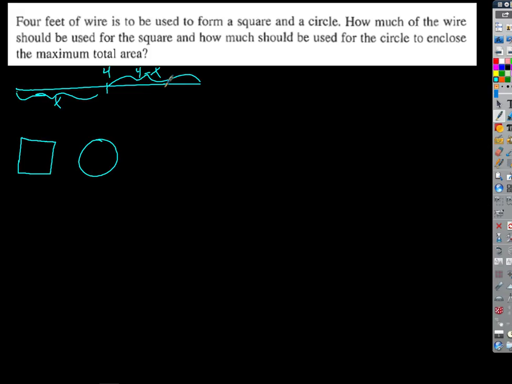If x is for the circle, then we got to come up with the area of the circle that has a perimeter of x. Right? So what's the definition of the circumference of a circle? That's what we call the perimeter of a circle, right? 2 pi r. Okay, so if circumference equals x, then 2 pi r equals x.